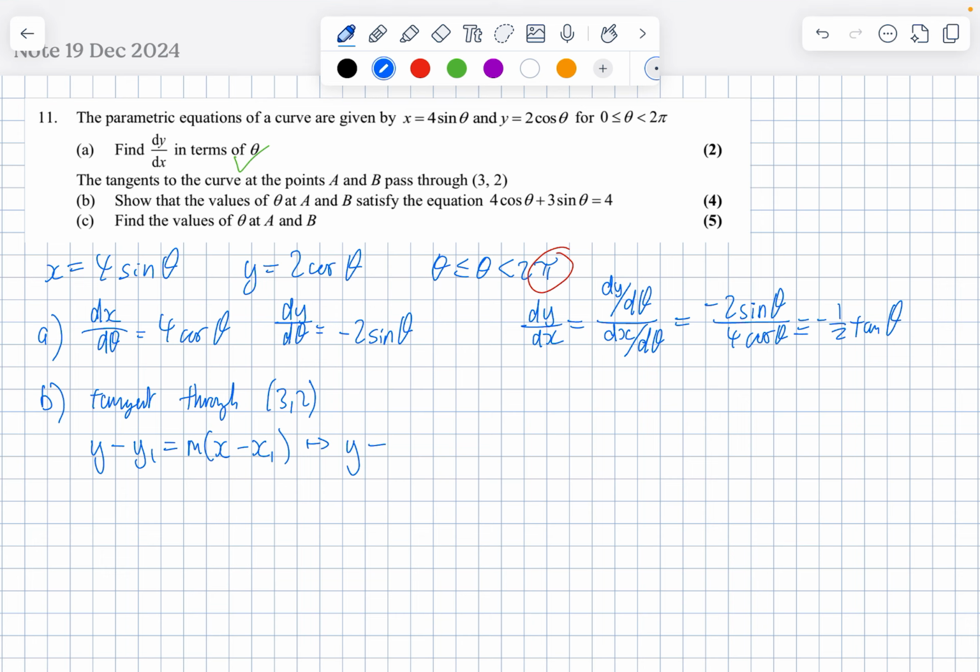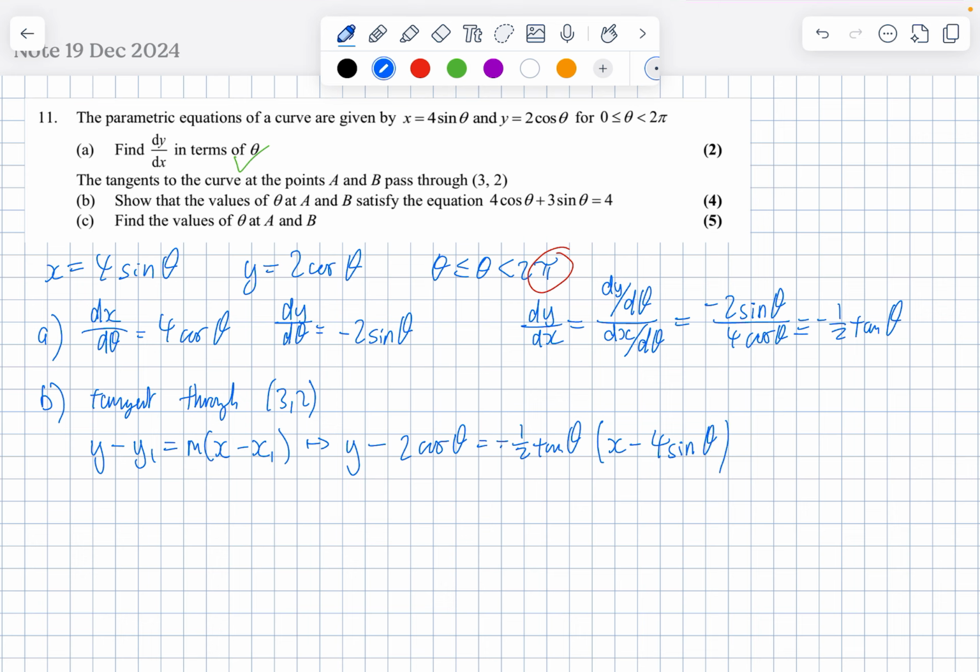That's y minus, well, y1 is just the y that we're given, which is 2 cos theta. Our gradient is minus a half tan theta. And then we have x minus our x, which is 4 sine theta.